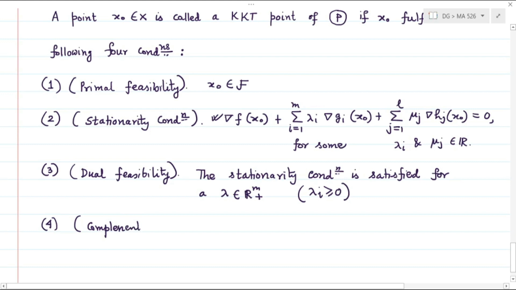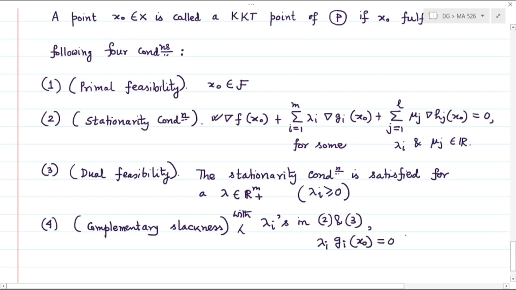Complementary slackness is the condition that, with the lambda_i's satisfying both the stationarity condition and the dual feasibility, that is, in conditions 2 and 3, if we have lambda_i times g_i(x0) equal to 0 for all i equals 1 to m, then we say that it is the complementary slackness condition.